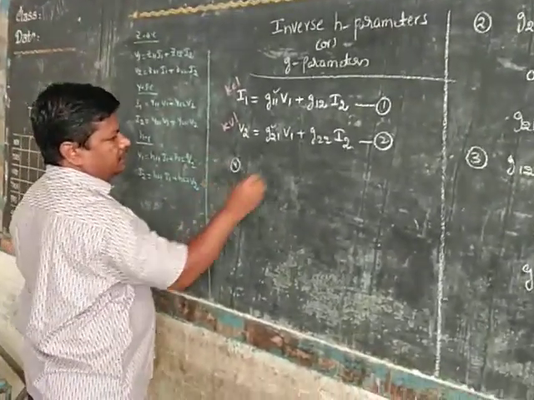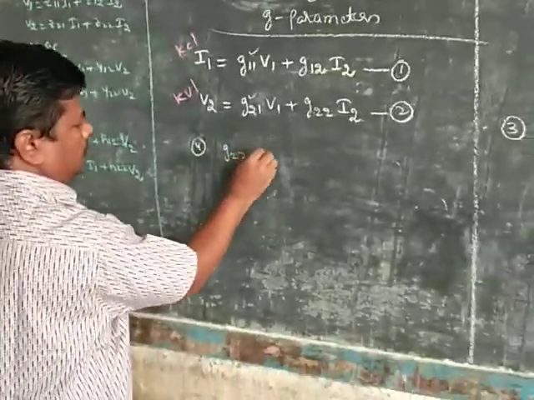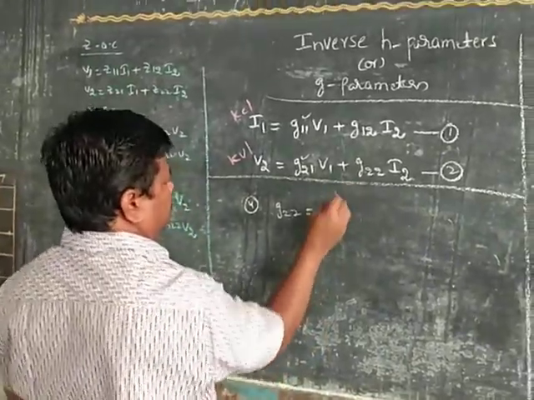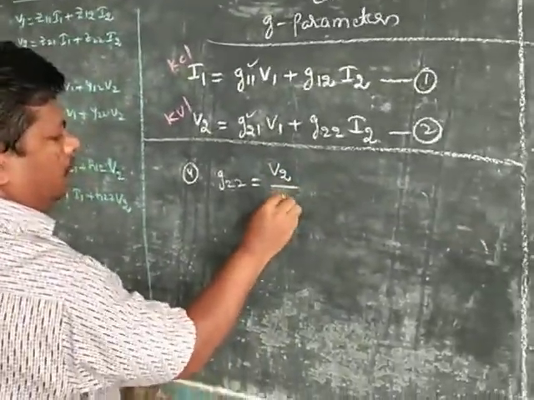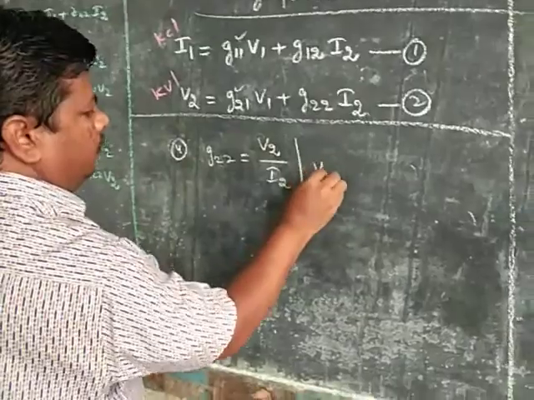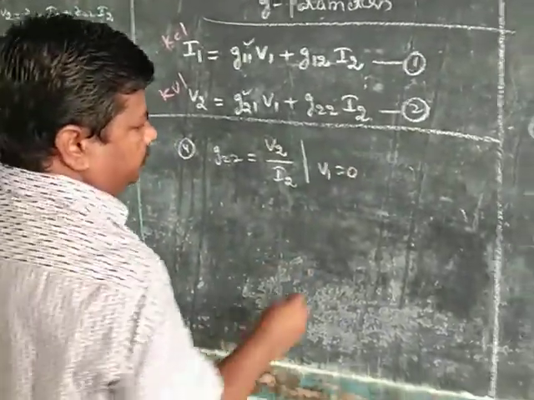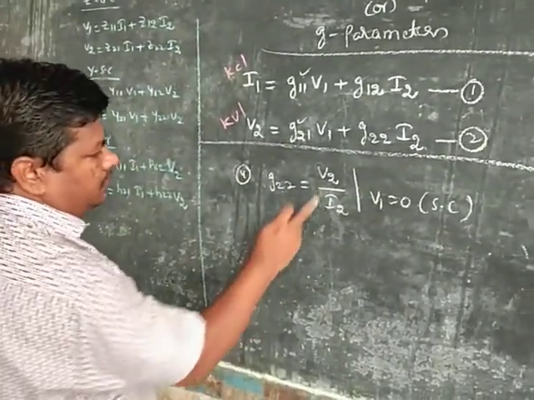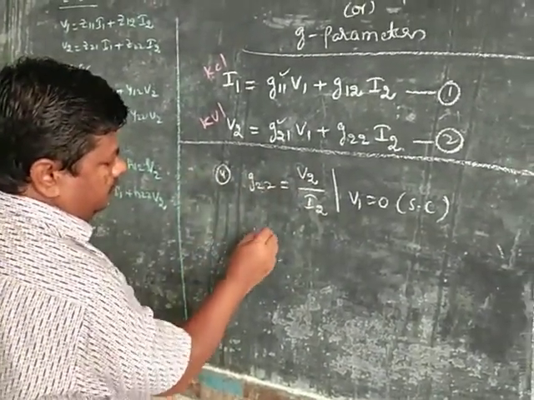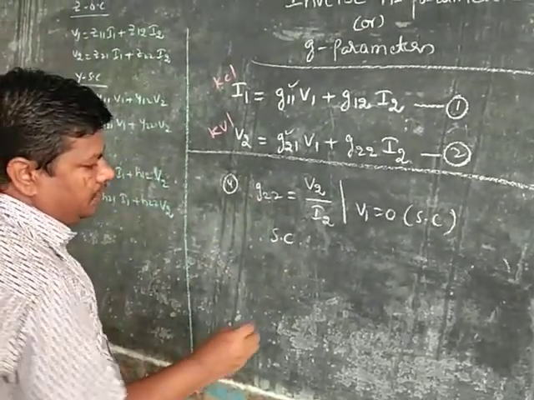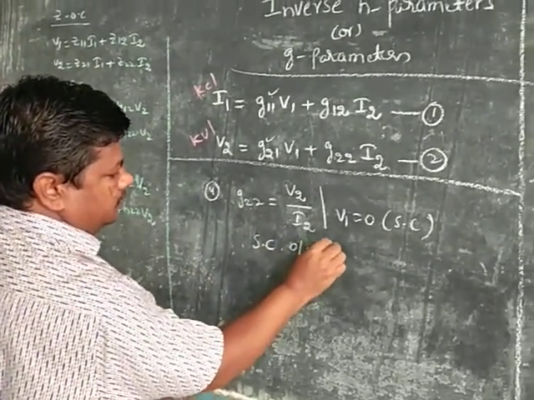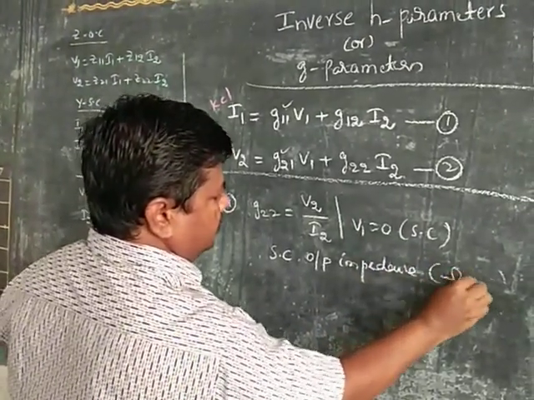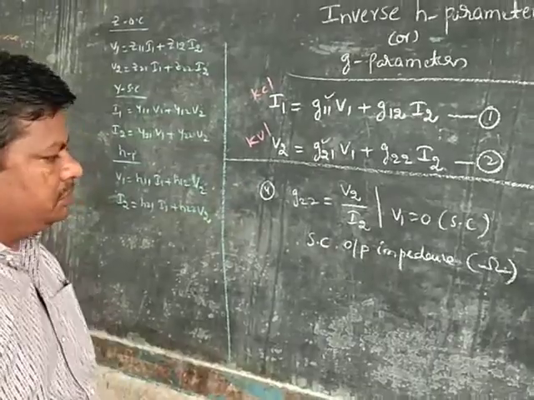And the last parameter is G22. G22 is equal to V2 by I2 when V1 is equal to 0, short circuit. Output voltage by output current means short circuit output impedance, in terms of ohms.